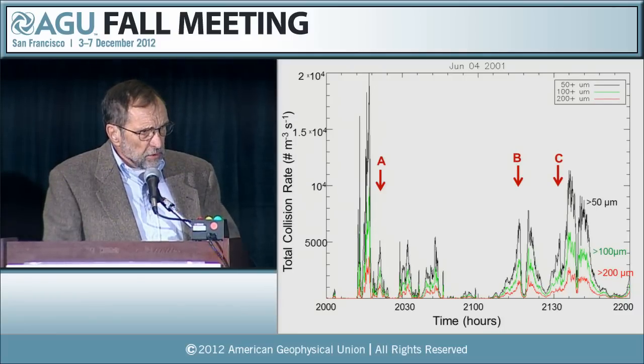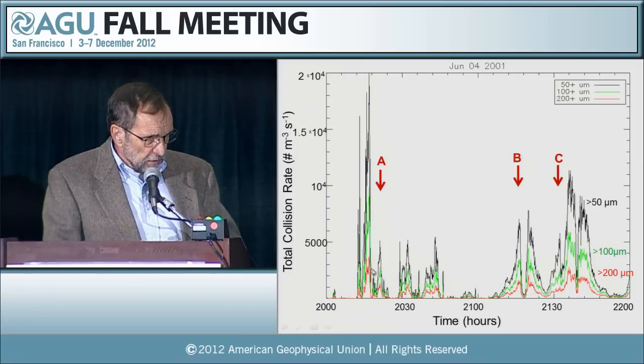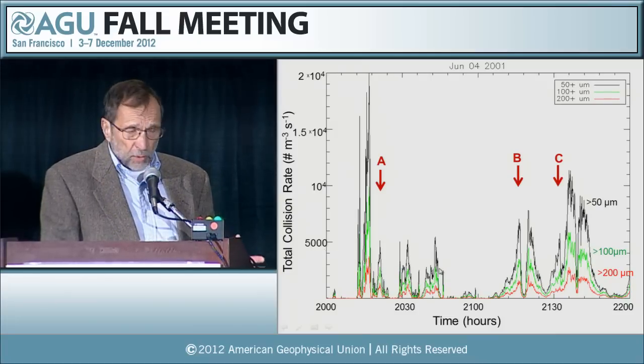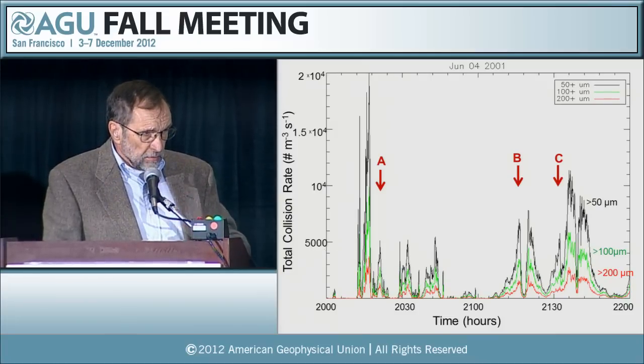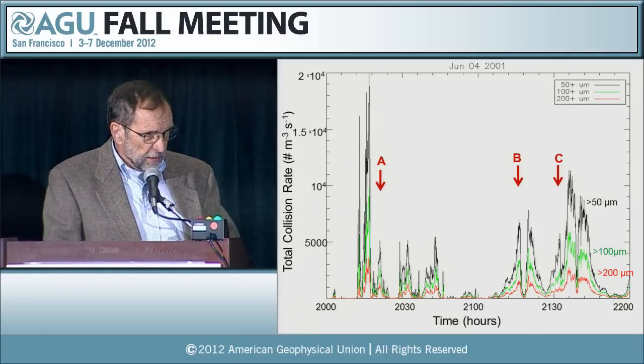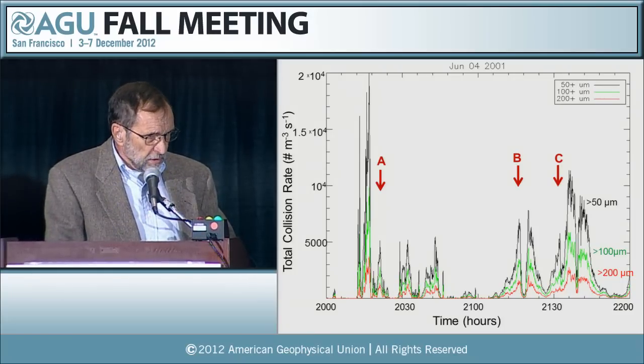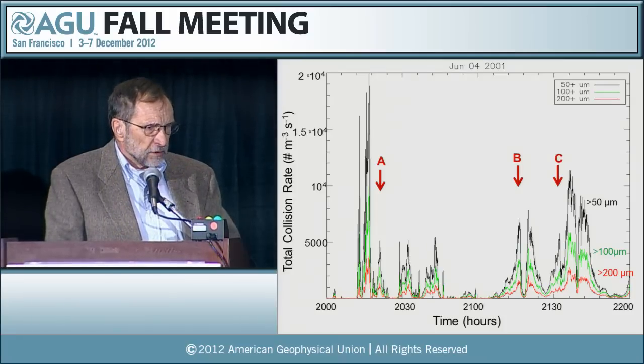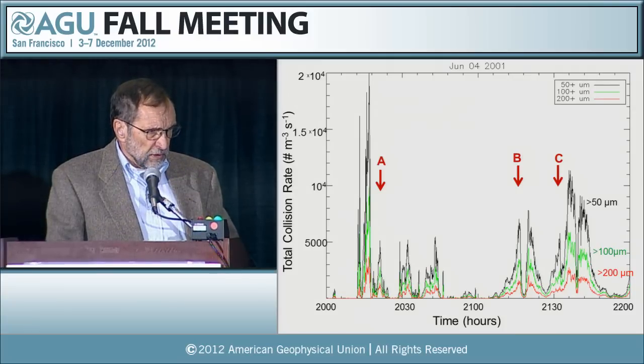And you see the collision rates are really quite high. For example, if I look at all the particles, we have several thousand per cubic meter per second. These are my spectra now, A, B, and C, and you see that some of the collision rates for A, B, and C are slightly less than some of the larger ones, but the collisions are very high.